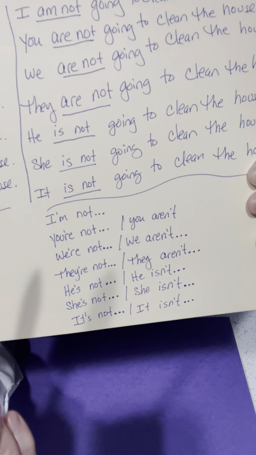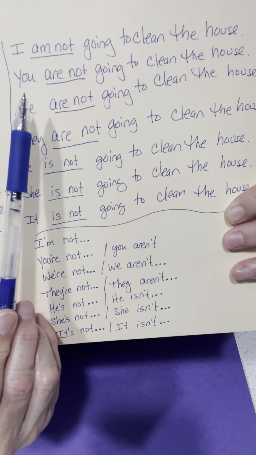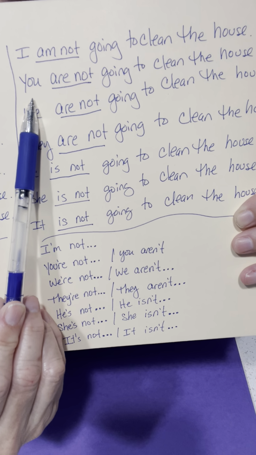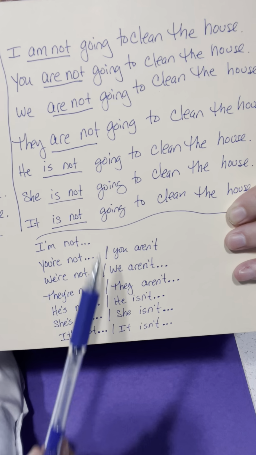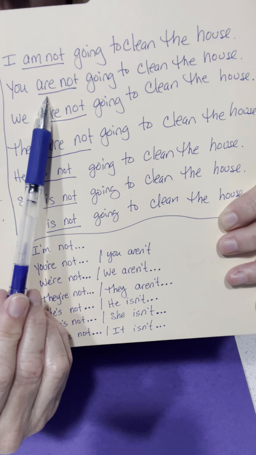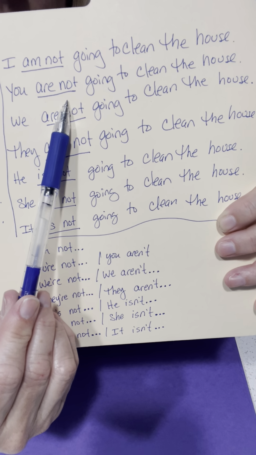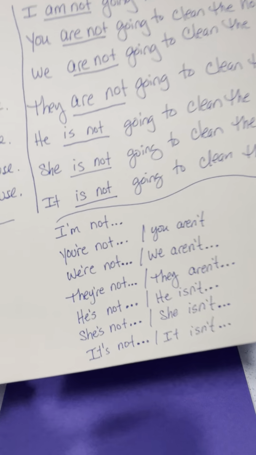Why is that? Because you can contract the first two words, the subject pronoun and the verb to be, or you can contract the verb to be and the word not to make these negative. So I did it both ways for you.